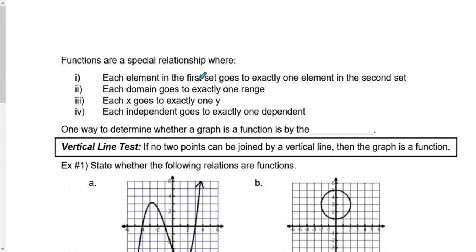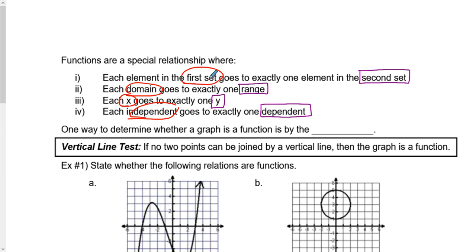So what we're noticing is that, I'm just going to change that color, make it a little more obvious. First set, domain, x, independent, they are all directly related to each other. Whereas second set, range, y, and dependent are also directly related.